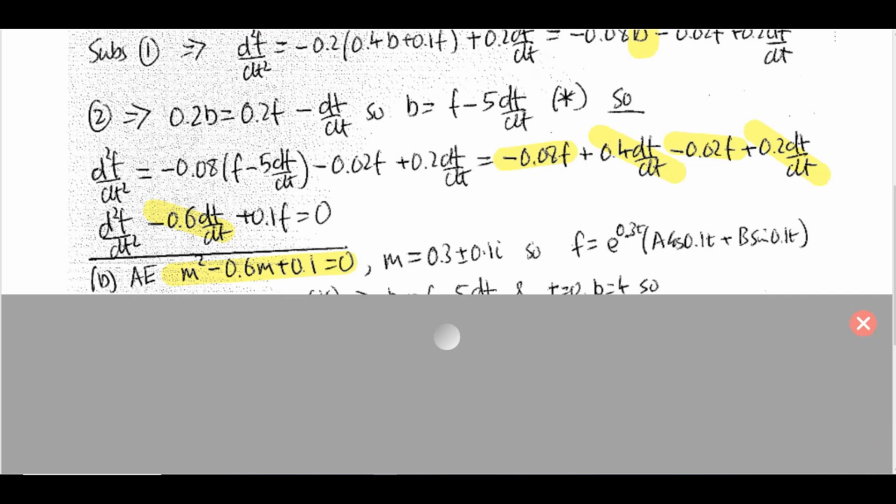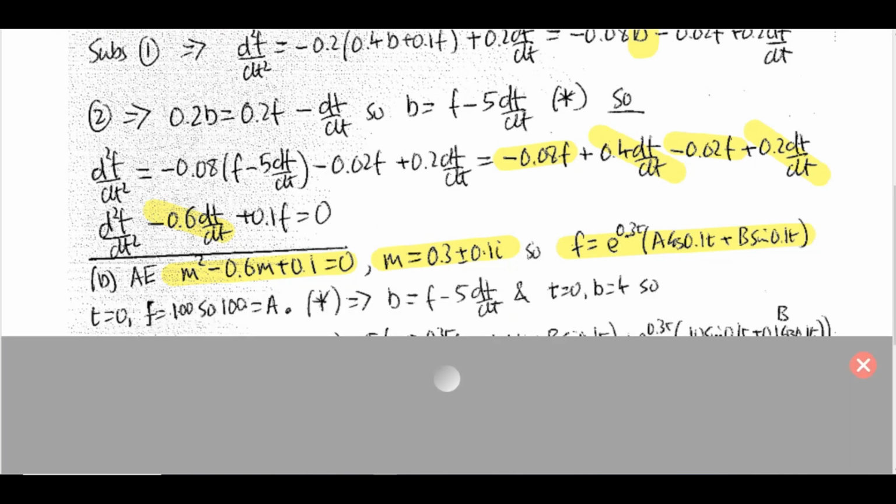You can rewrite the solutions as 0.3 plus or minus 0.1i. So by previous theory, the general solution of this differential equation is f is e to the 0.3t, brackets, a cos 0.1t plus b sine 0.1t.